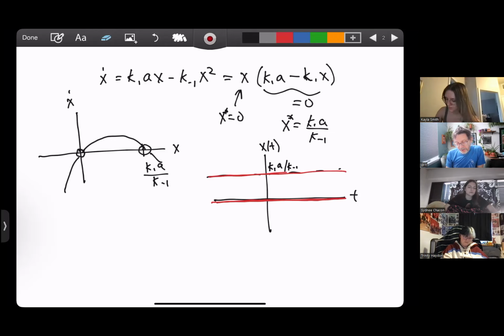If you started up here, what would the solution do? If you start on an equilibrium, you know what it's going to do. It's going to stay there. If you started in here somewhere, and if you started down here somewhere. So denoting what those regions produce. Okay. Yeah. Cool. Anything else?